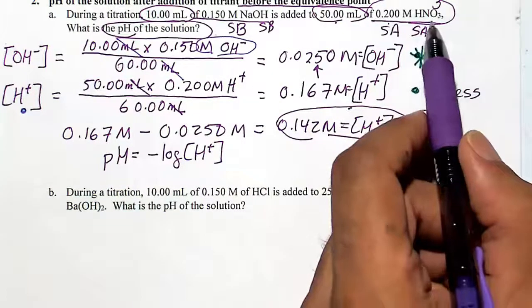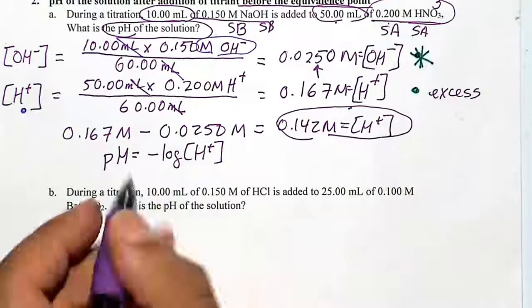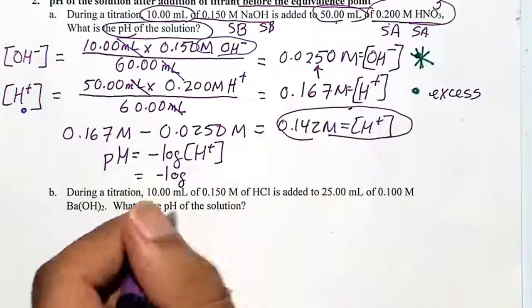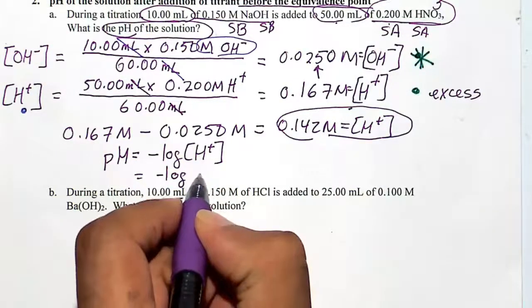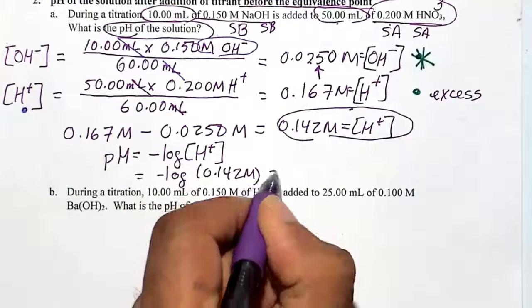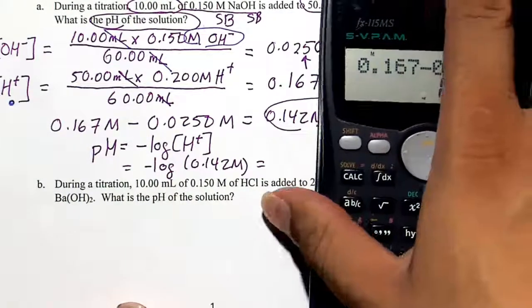And in a strong acid, this is going to be 100% hydronium ion. So our concentration after neutralization of whatever base that's in our solution, it's going to be minus the log of 0.142 molar. And when we do that, that should yield us the answer to this problem.